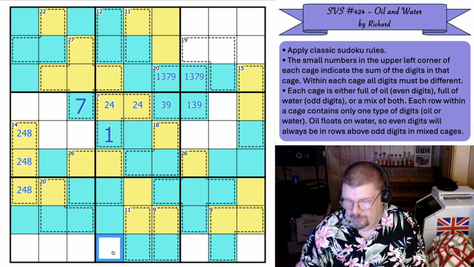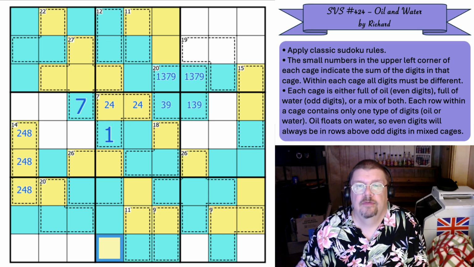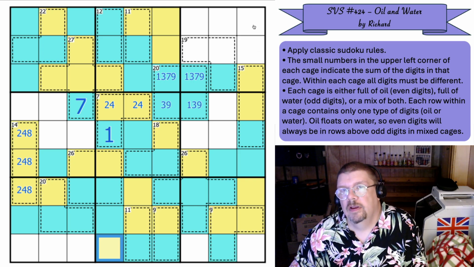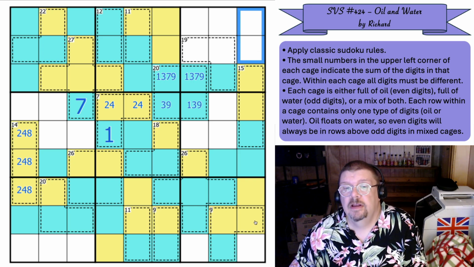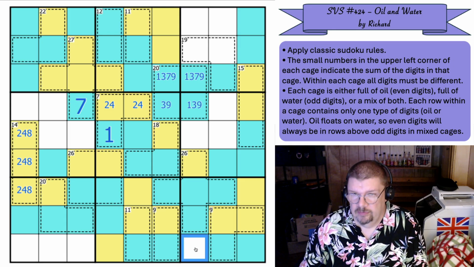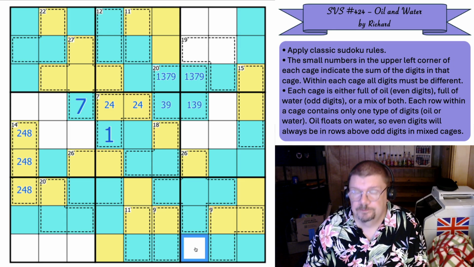This must be the last even for the box. I've got all of my evens in column 9, so those are all odd. That makes this even.